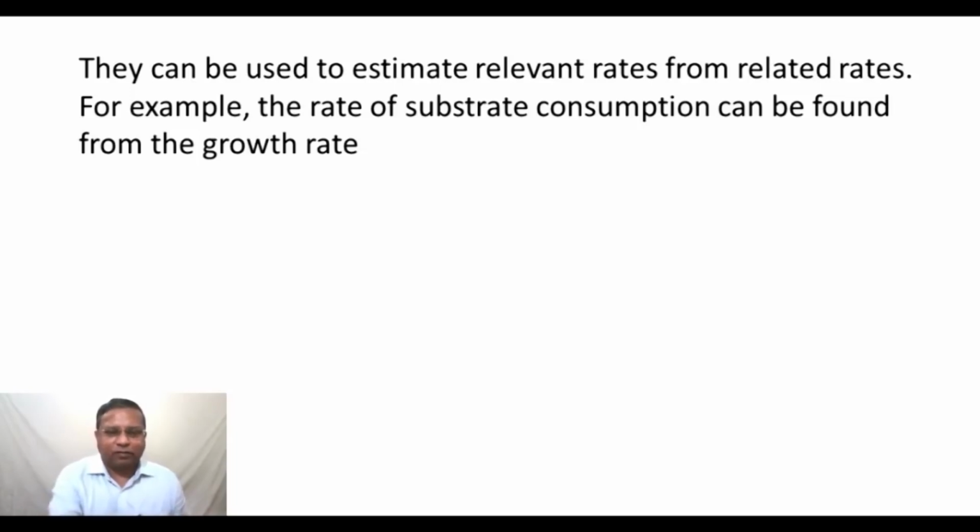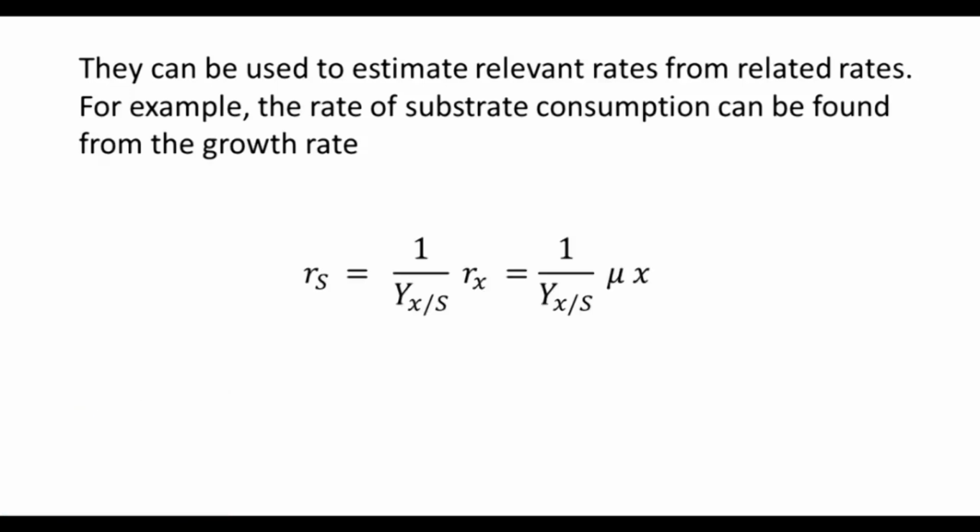For example, if the substrate consumption rate is needed and is not known, but the growth rate is known, you could estimate the substrate consumption rate from the growth rate if the yield coefficient is known and can be taken to be a constant. For example, the substrate consumption rate Rs is 1 by Yx times Rx.